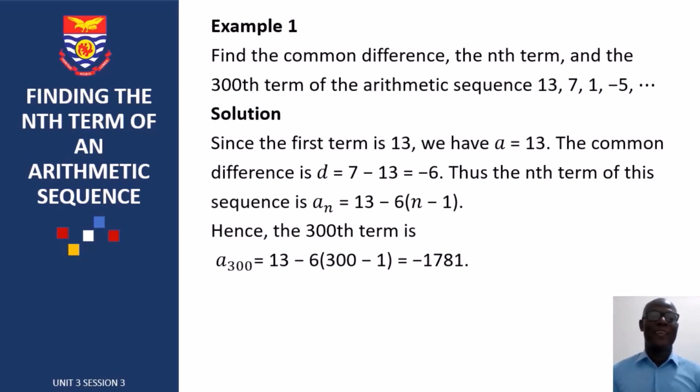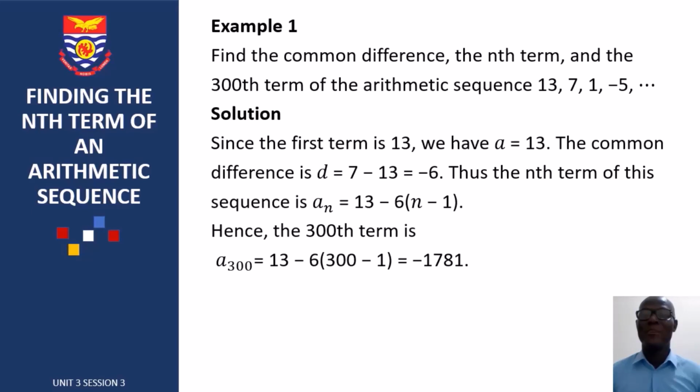Finding the nth term of an arithmetic sequence. Example 1. Find the common difference, the nth term, and the 300th term of the arithmetic sequence 13, 7, 1, negative 5 up to infinity. Now, since the first term is 13, we have A to be 13.